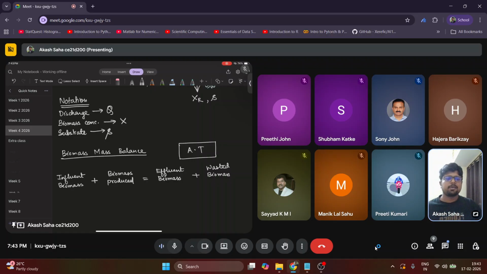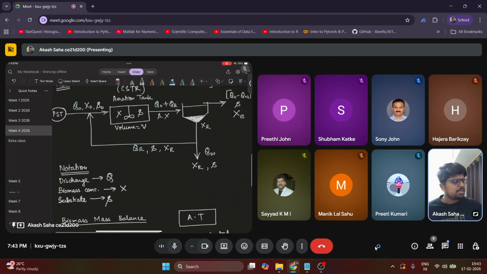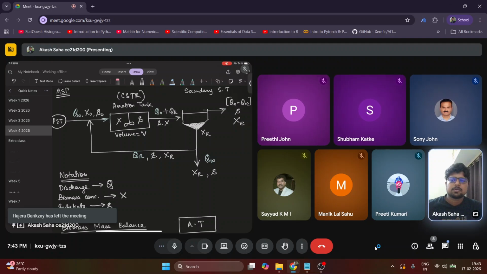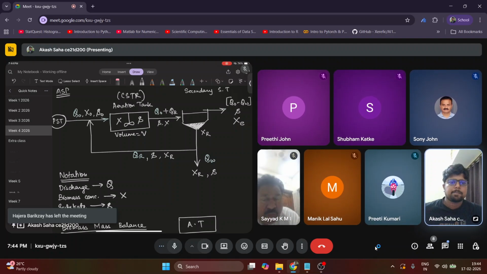Now if I want to do mass balance, what did I tell you? We generally multiply the discharge by the concentration, right? So what will be my influent biomass? Can someone tell me? Just see this figure and tell me the formula for influent biomass.